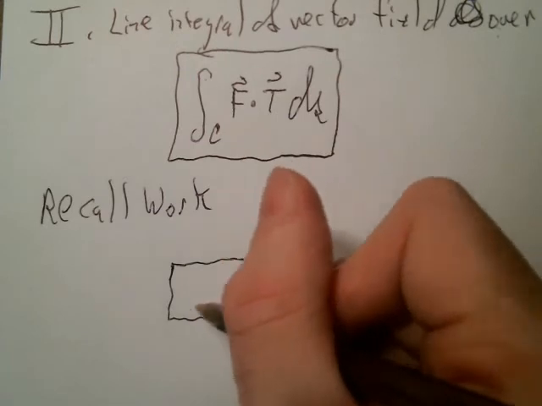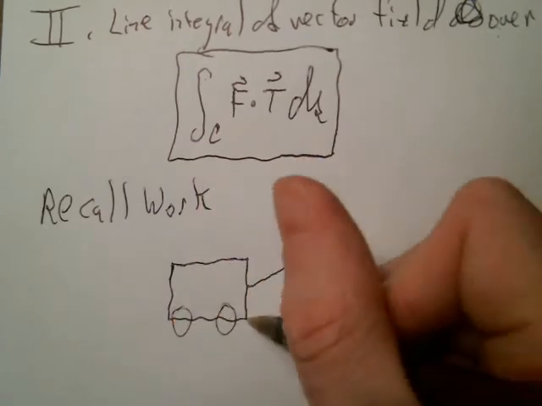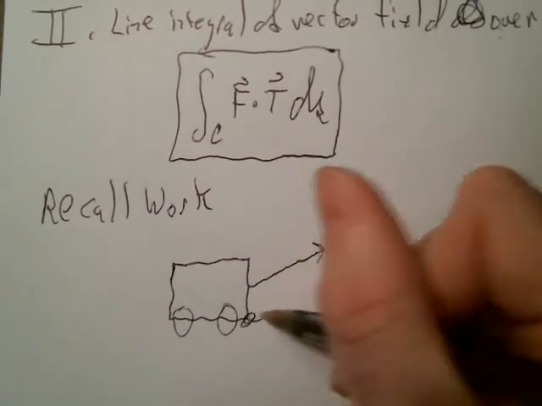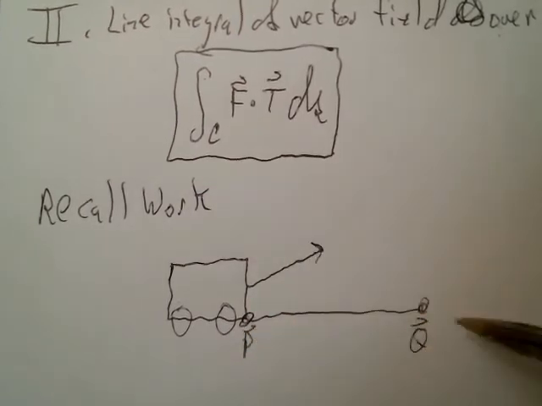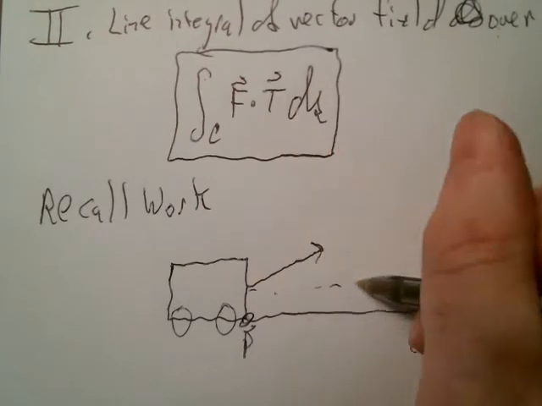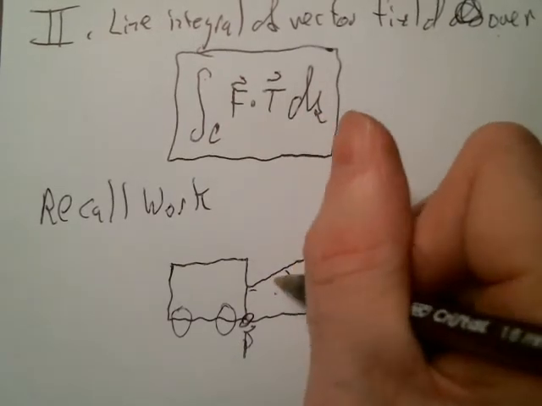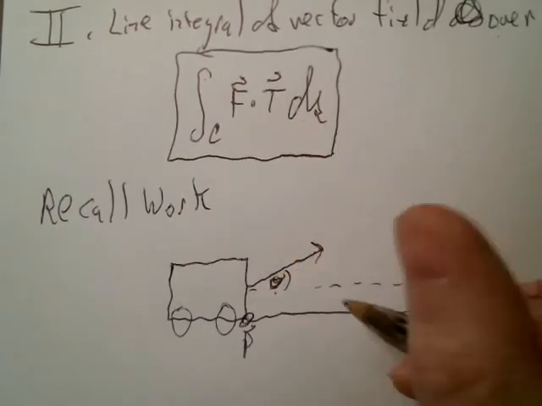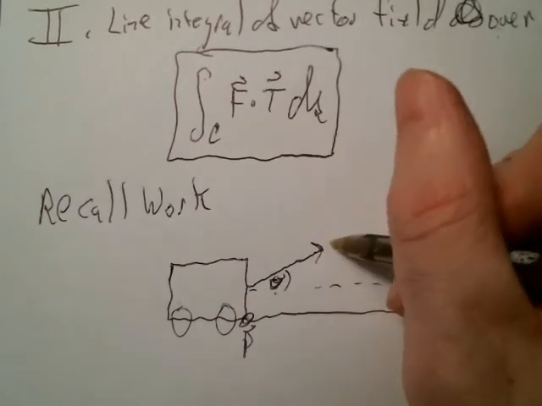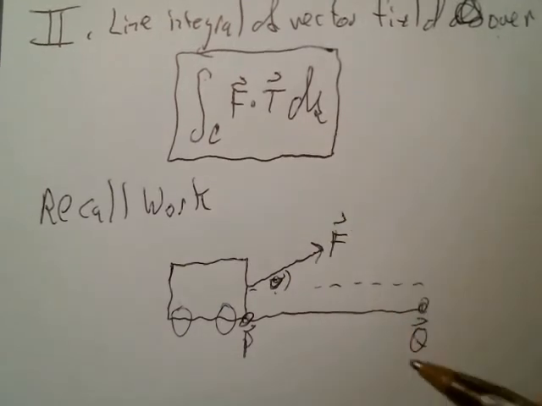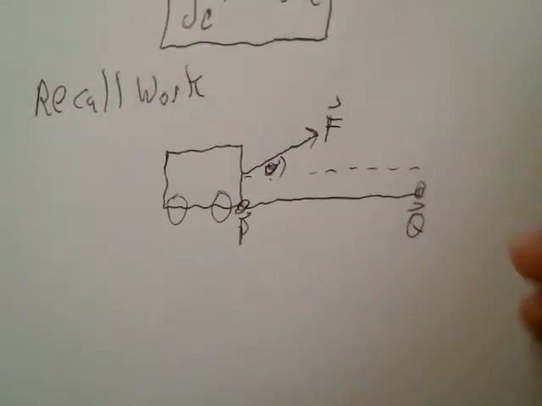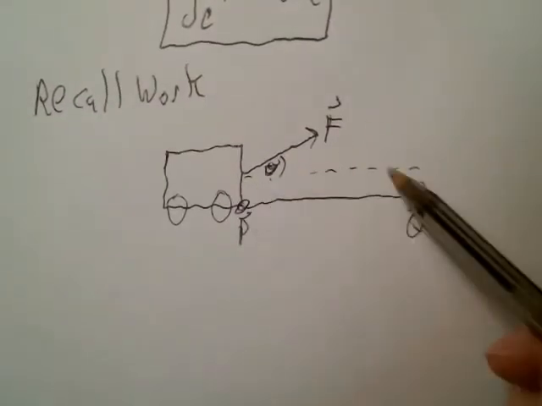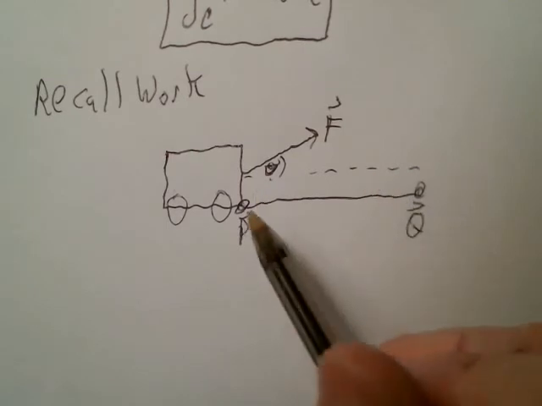So maybe I'm pulling a wagon or something like that, and I'm going from point P to point Q, right? And the angle that the handle is making with the horizontal is theta, and so the force isn't in the exact same direction as the travel of the wagon. So to figure out how much force is going in the direction of motion, you have to do a projection, right?